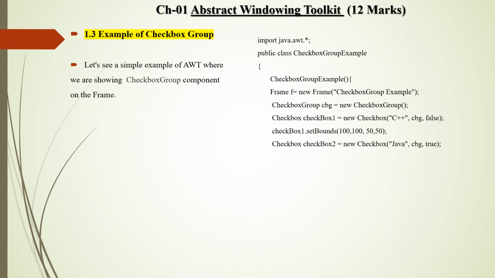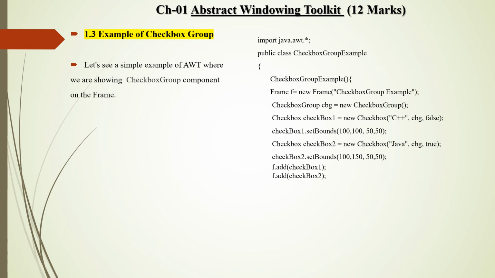Then we create the second checkbox, checkbox2 = new Checkbox, string is Java. Also we pass the same checkbox group object cbg, comma true. So here we pass the true value, so this checkbox, the second checkbox Java, is initially checked. Then we set the position of checkbox2 by the method setBounds.